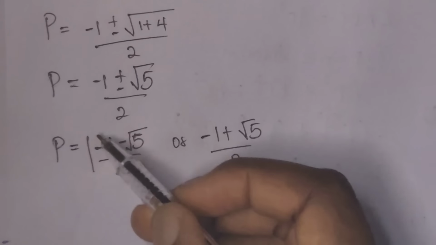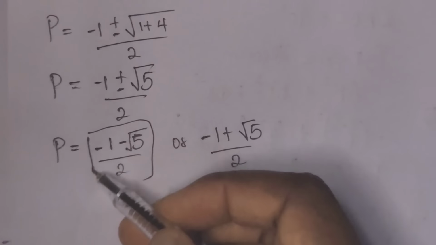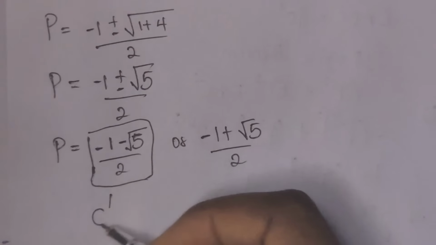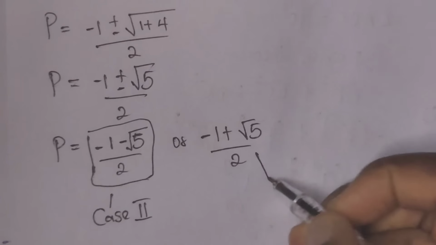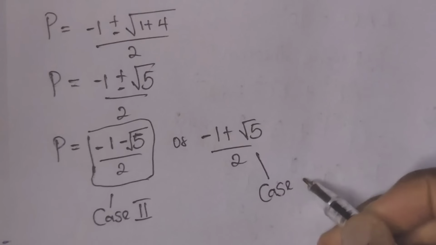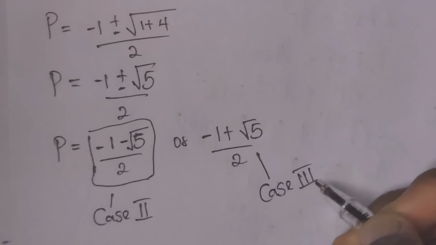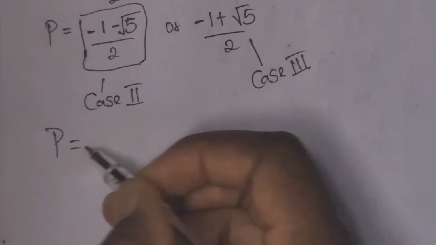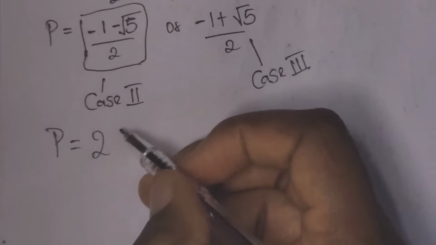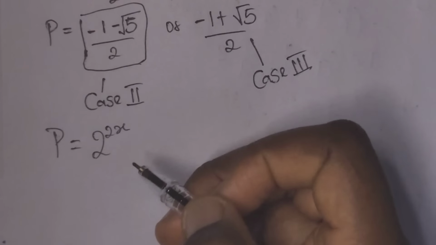So let's name this value of p our case 2, and this will be our case 3. But let's remember that we named our p to be 2 to the power of 2x.